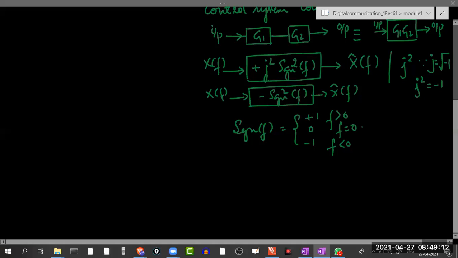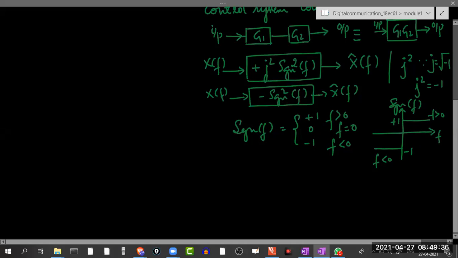So this is the signum function, graphically.